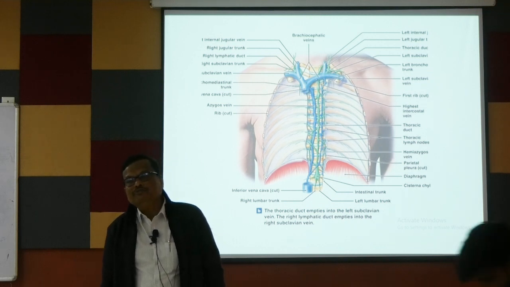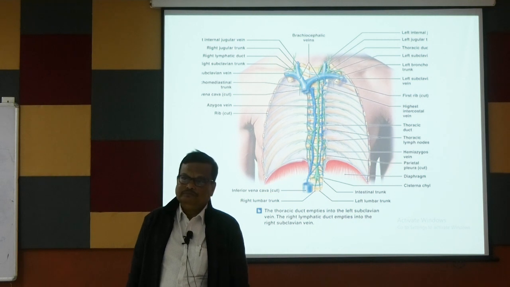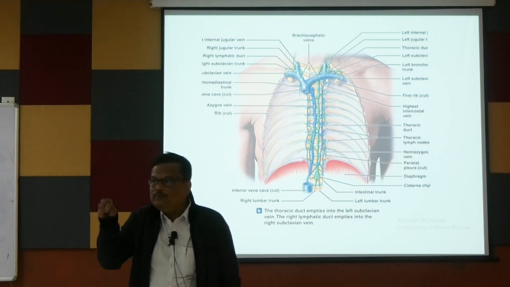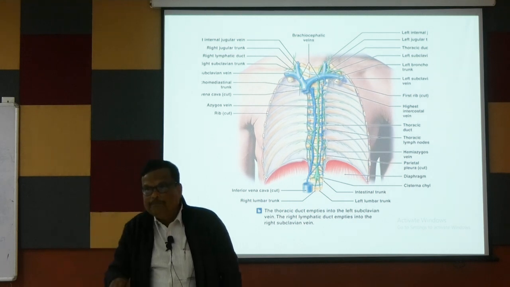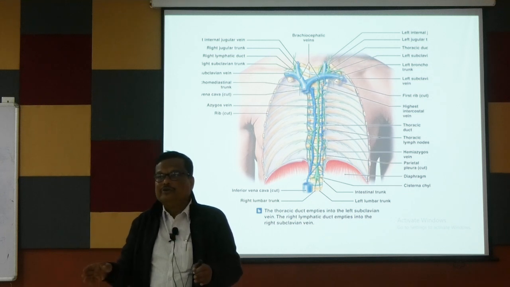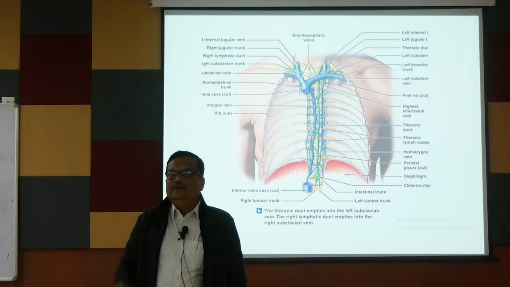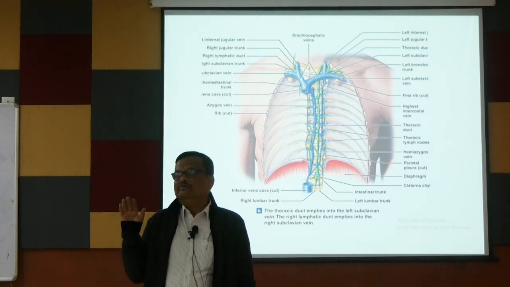We call them superficial lymphatic vessels and superficial lymph nodes. And the lymph nodes and lymph vessels present deep, which we will see when we cut the deep fascia, we call deep lymph nodes and deep lymphatic vessels.